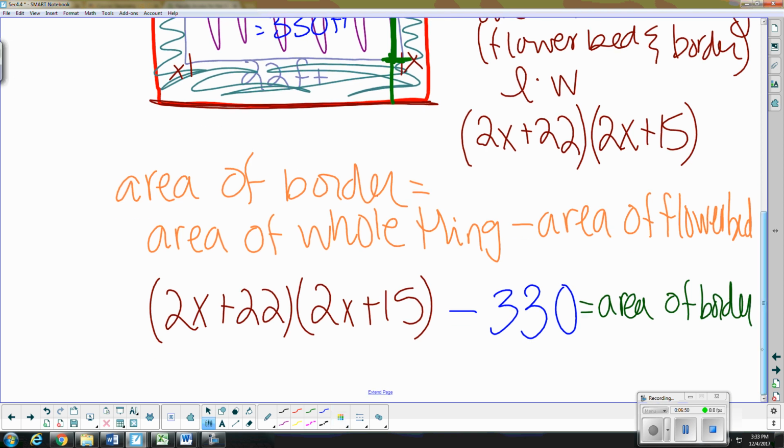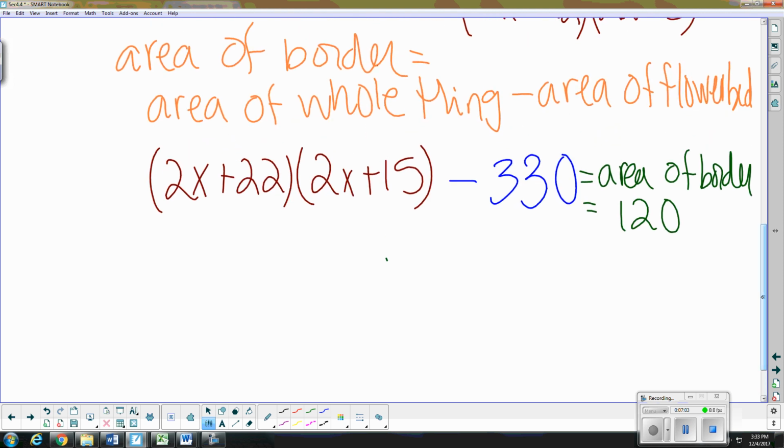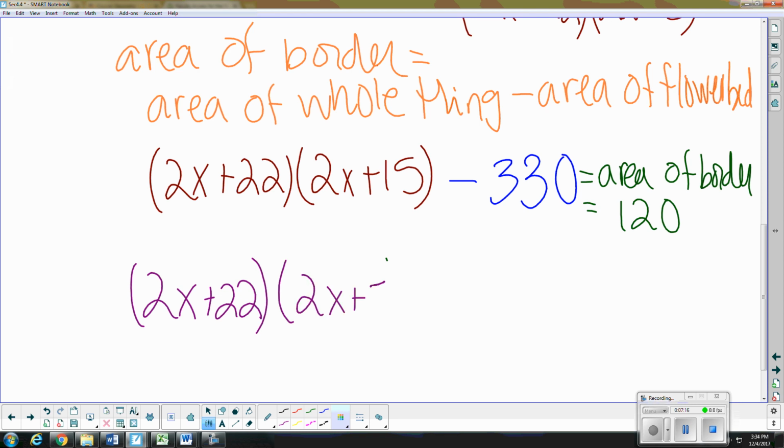And I have enough in my budget for 120 feet squared. So if I rewrite this, I have 2x plus 22, that's my length of the whole thing, times 2x plus 15, that's my width of the whole thing.